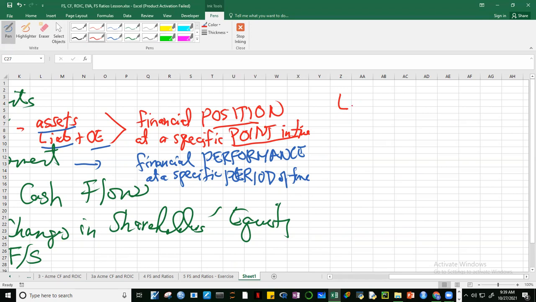Anyone? The balance sheet is arranged according to... okay, that's the clue there. Anyone, please? According to, this is why here.